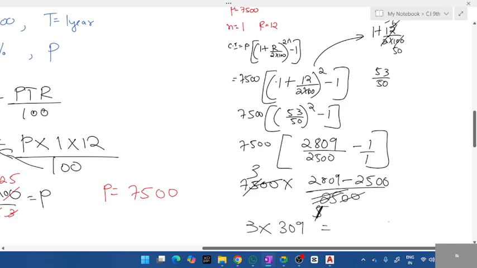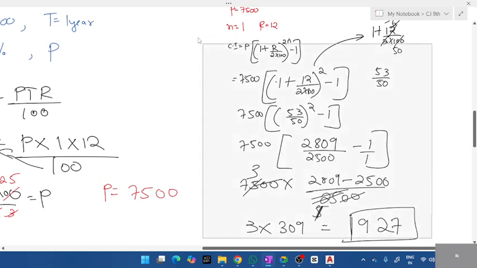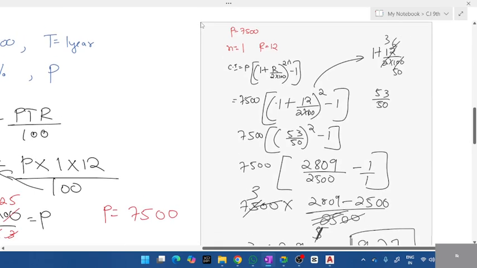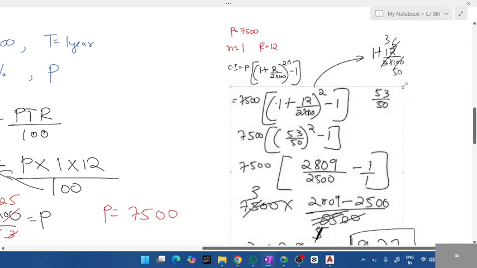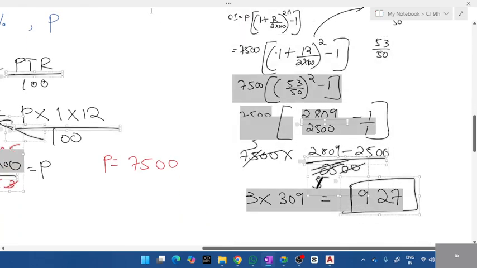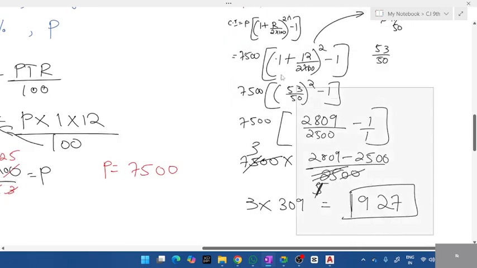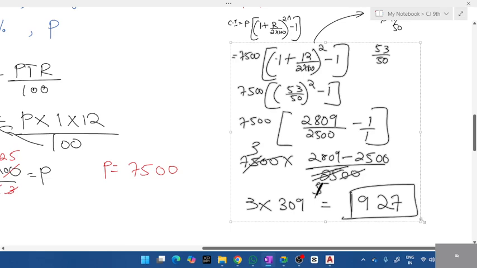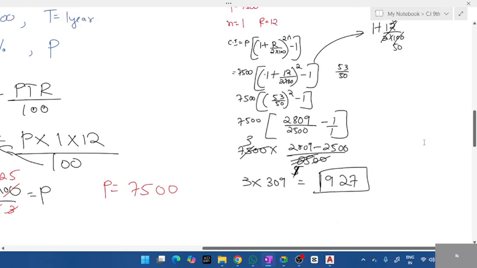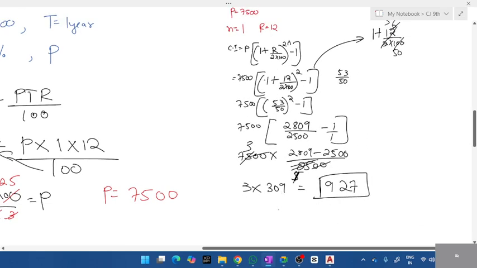This is the answer. The answer is 927. Look, compound interest will always be lesser than principal. Amount will be greater than principal. Interest will be lesser than principal. So this is the answer, students.